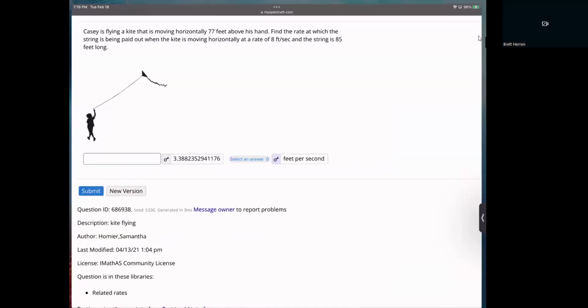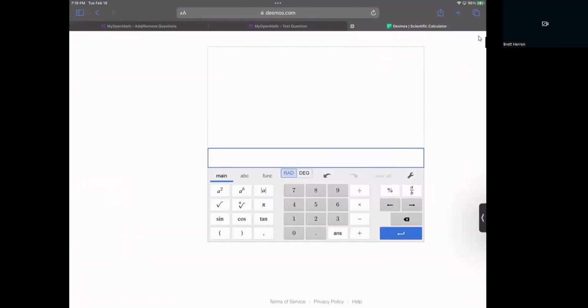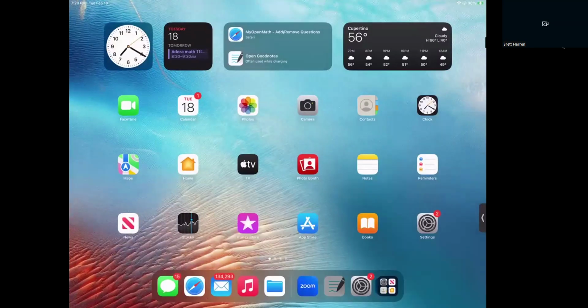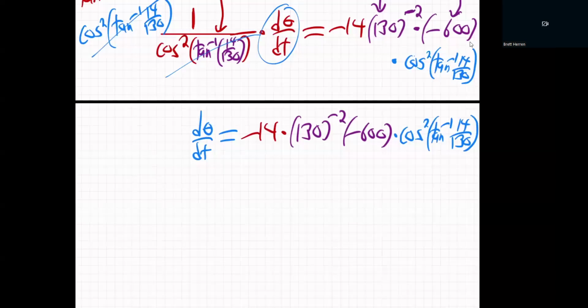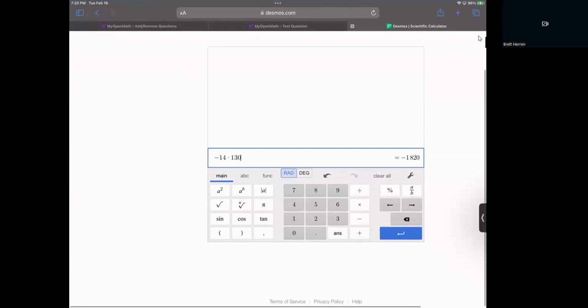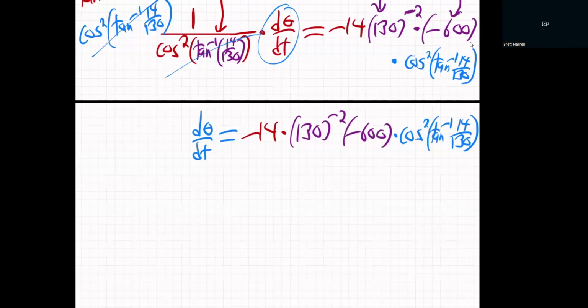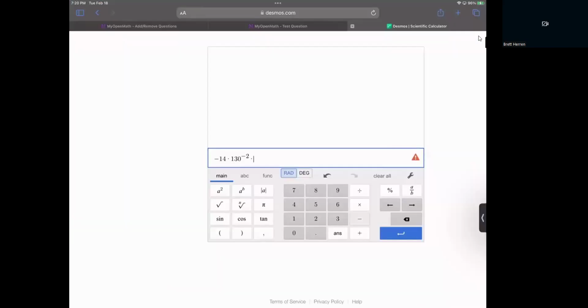Desmos to the rescue. So, minus 14 times 130 to the minus 2 times minus 600, times.